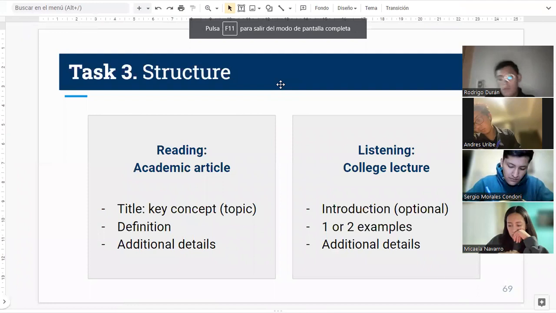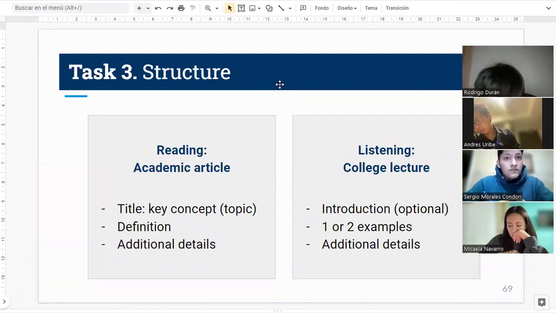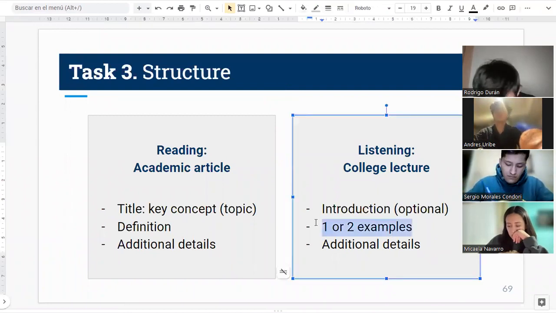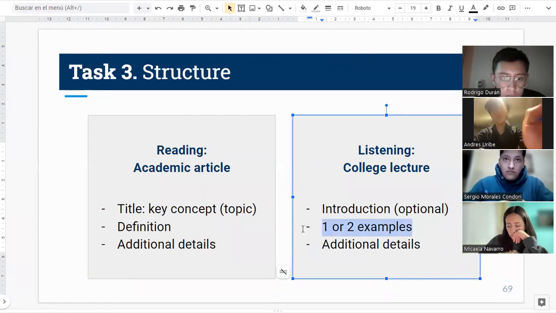So the listening is going to be about examples for that concept, real life examples. So how you see this behavior modification in action, how you see it in real life, okay? You can have one or two examples. It depends on the topic. For psychology, usually you have one example. We're going to talk about the topics later, but you can have one or two.